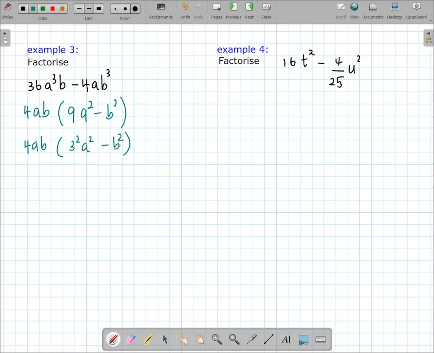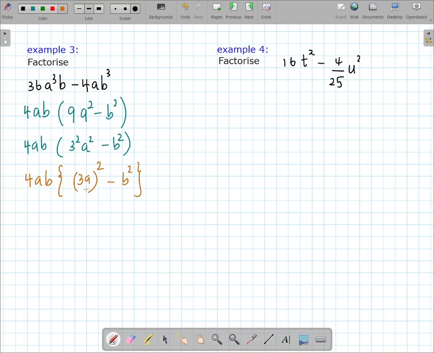Now this can be written as a difference of two squares. How? 4ab, I put curly brackets here, then (3a) to the power 2 minus b to the power 2.